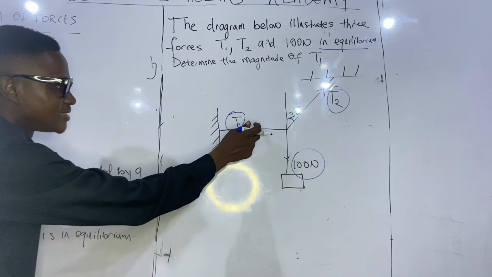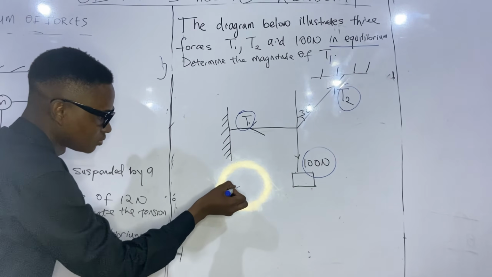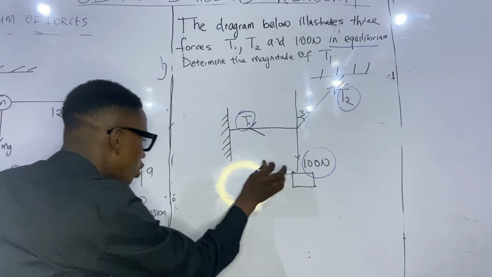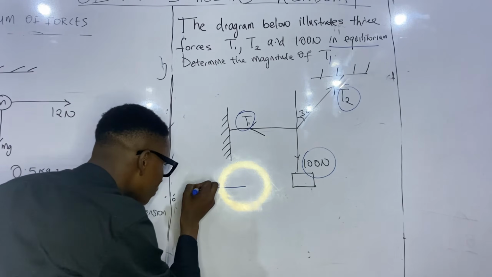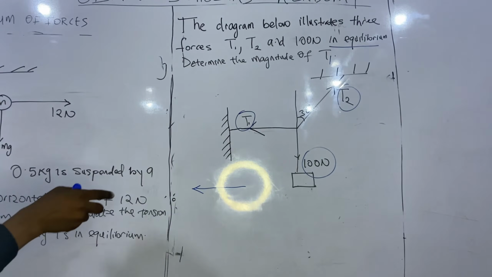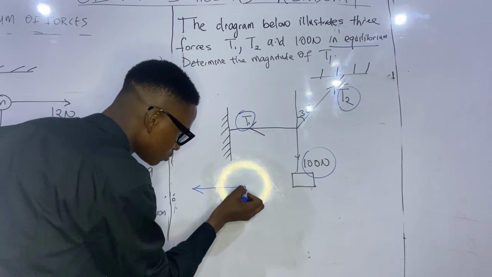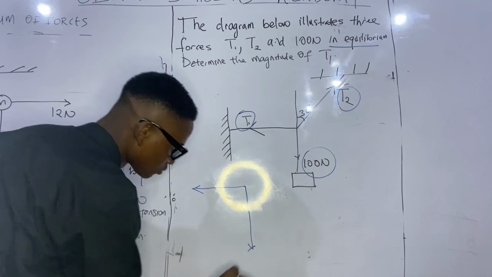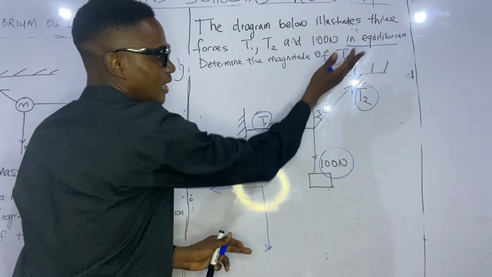Let's represent T1. T1 is going horizontally in this way. You get why this 100 Newton is going down. You understand? While this T2 is this way, like this.